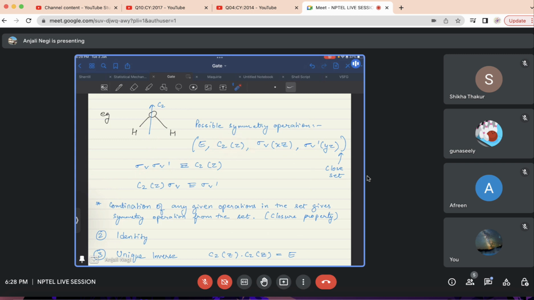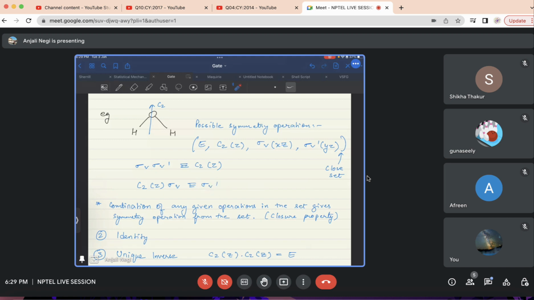If you apply sigma V, this will reflect, so it is almost equal to identity. And then the other is sigma V prime, which will be here, and then this H will be reflected here and this will be reflected here, and that is the same operation that I can do with C2, correct? Similarly, in the same manner I can combine the C2 symmetry operation with sigma V, and it will give me an equivalent symmetry operation as sigma V prime.